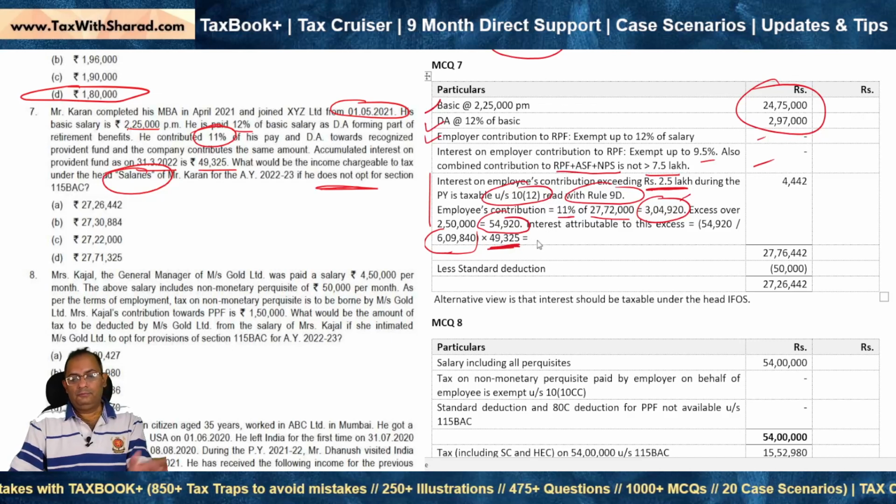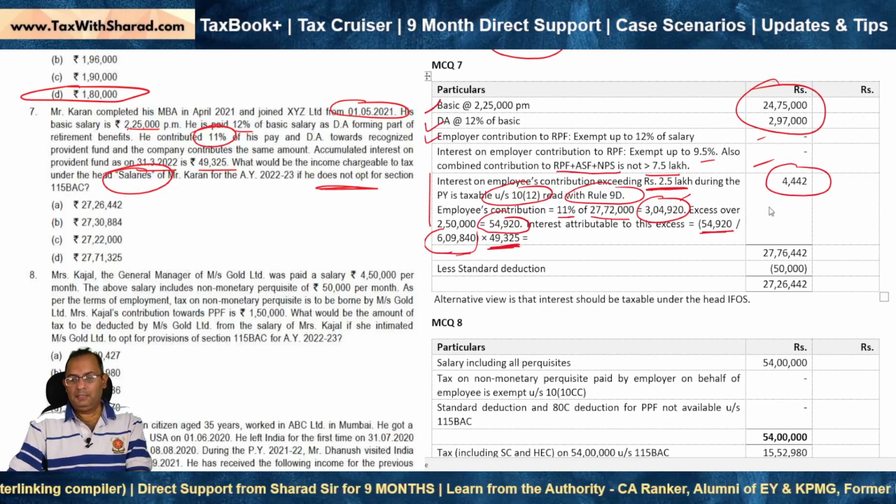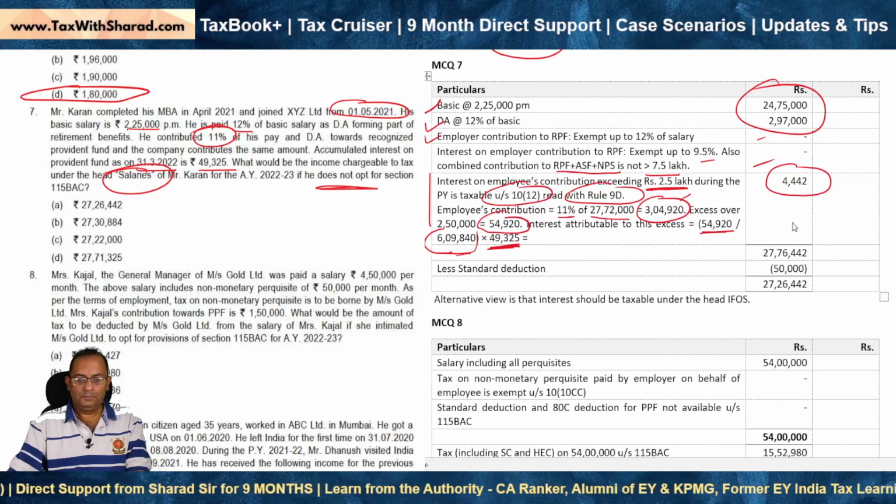And we need to figure out basically the interest relating to 54,920. So what we need to do: 54,920 divided by 609,840 multiplied by 49,325. So this is the proportion, and the interest which will not be exempt comes out to 4,442.